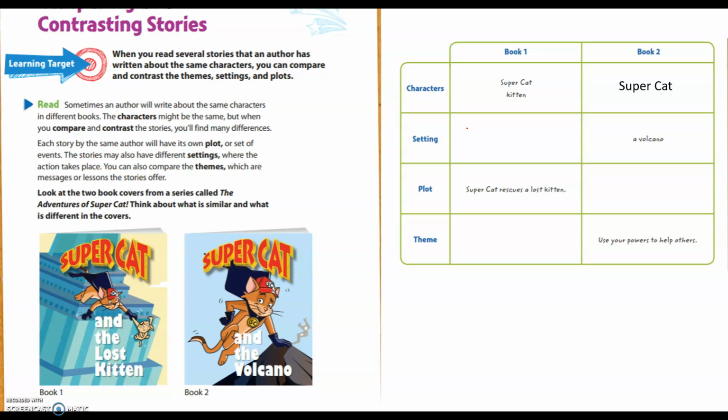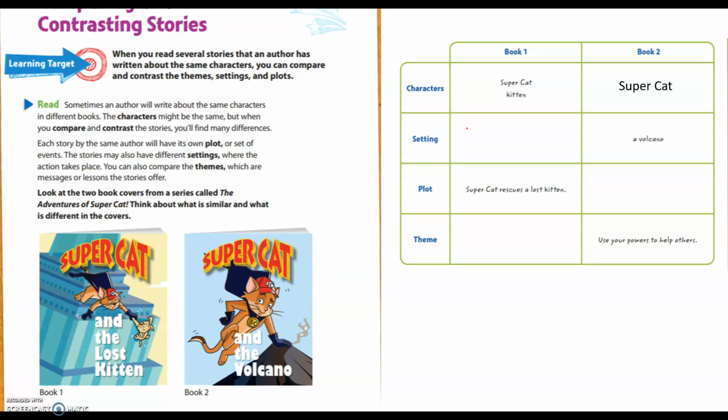So take a look at that first one. What do you see? Take a second and talk about what you see in that picture. You probably said you see a cat.